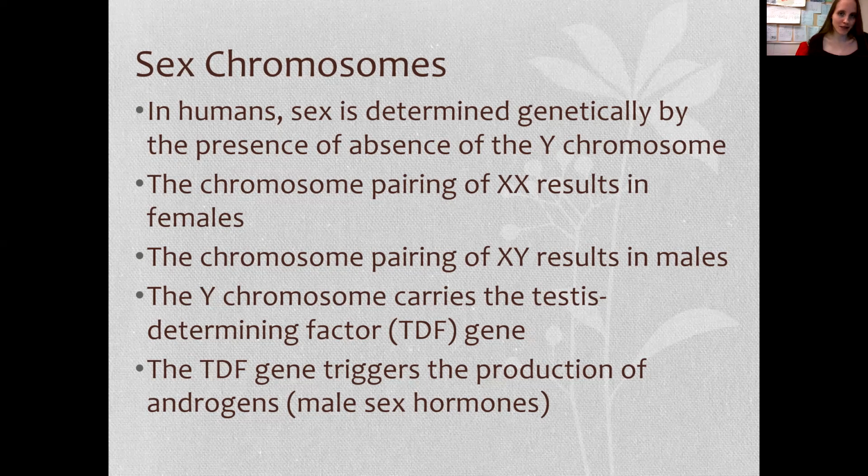On the Y chromosome, which is the male sex determining chromosome, there is a gene called TDF, which is testis determining factor. Essentially, if this gene is present, it determines that there will be testes present. It does that by triggering the production of male sex hormones, which are called androgens.